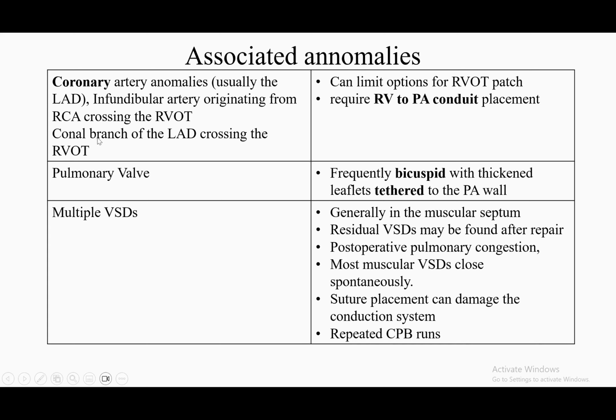These arteries that cross the RVOT limit the possibility of an RVOT patch, because if we cut open the RVOT, we may injure the coronary. So an RVOT patch is not possible, and the solution is an RV to PA conduit.